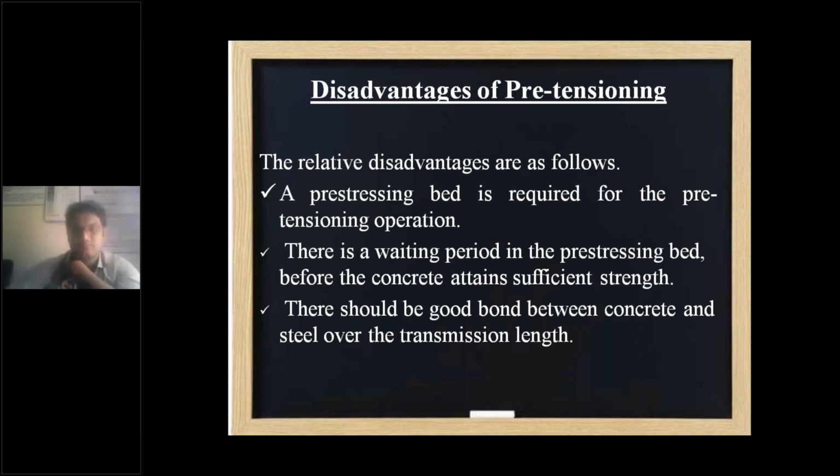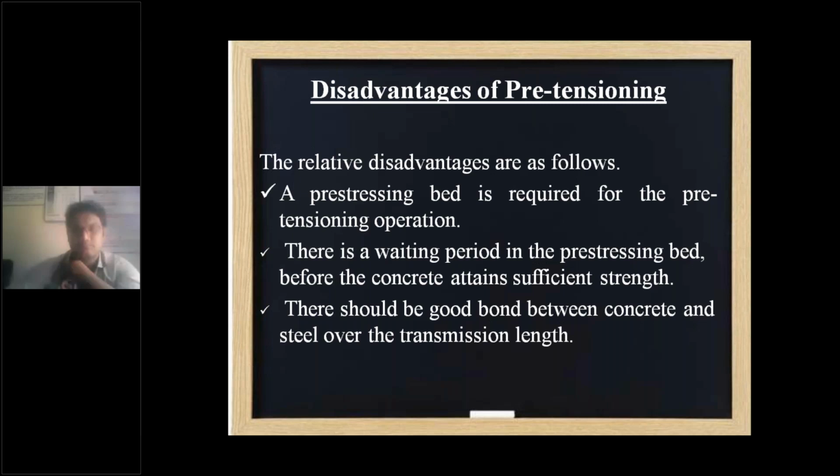So a pre-stressing bed is required for the pre-tensioning operation only. You can't go for post-tensioning with that same bed. That is a disadvantage. And next one is, there is a waiting period in the pre-stressing bed before the concrete attains sufficient strength. That is the biggest disadvantage. Why? Because you are placing that concrete on the same platform for 28 days.